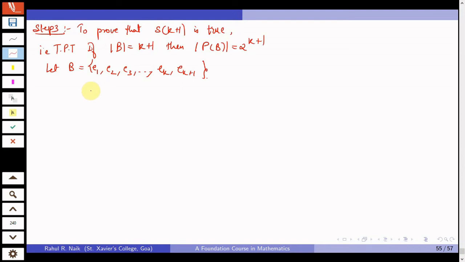So I will split this set into a set containing k elements, and we would get the proof for this B. We would show that the number of elements in P of B is 2 raised to k plus 1. So let C be the set e1, e2, and this goes on till ek.